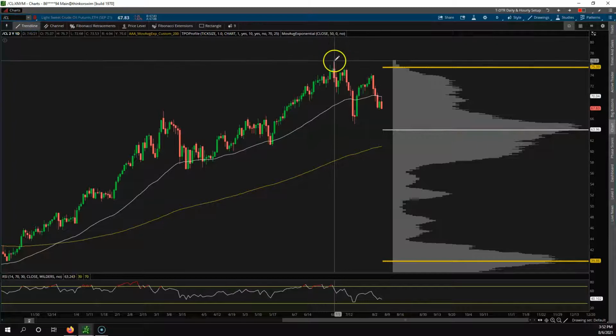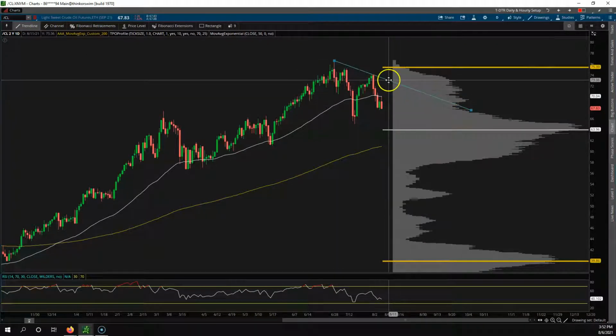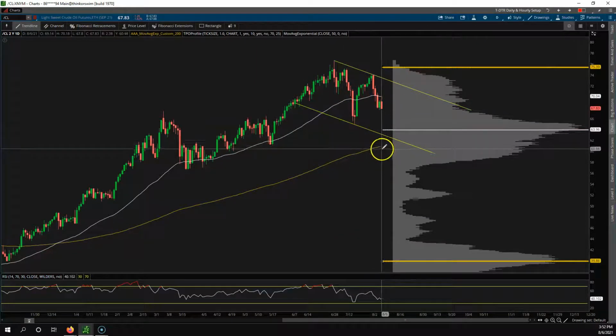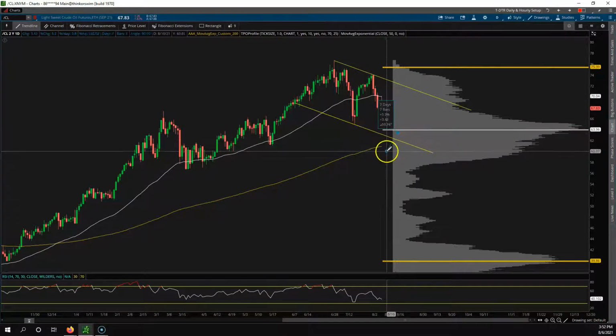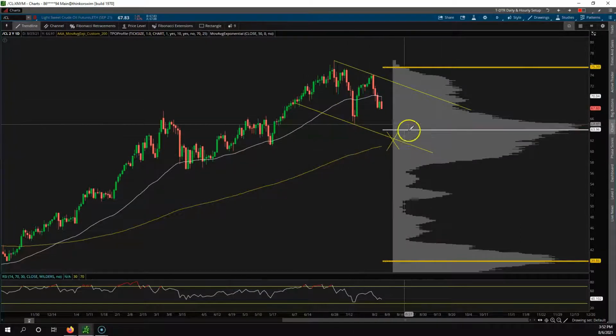But as of right now, we are making lower highs and lower lows, duplicate this, and this is what the pattern is. By the time it gets there, this 200 might be up here, and we might actually have an X marks the spot. So something to watch for on crude oil.